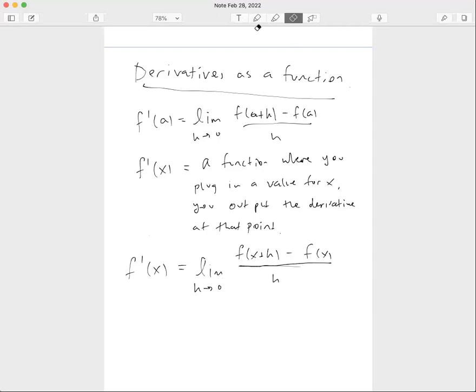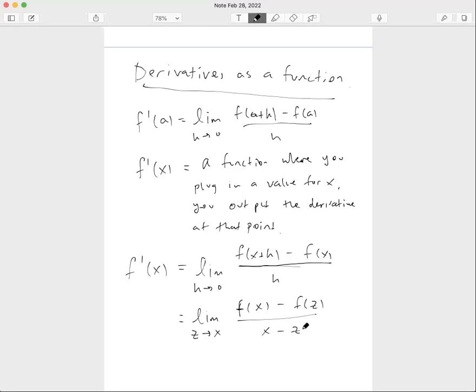You can also use the other definition if you like. So maybe, what's another good letter? Let's say z. As z approaches x of f of x minus f of z over x minus z. That's also fine.